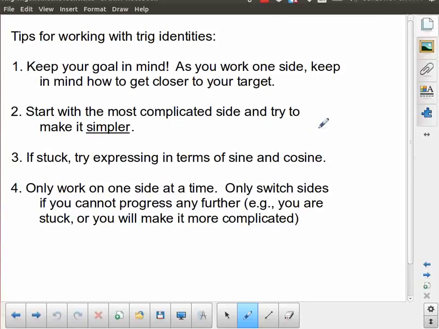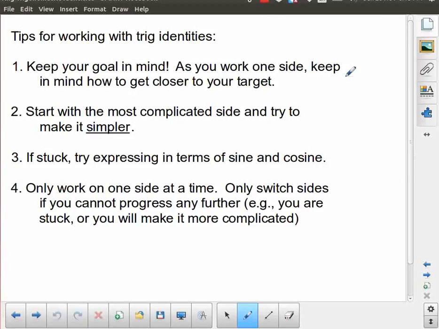If you follow these, if you work at developing these for yourself, I think you'll find that your work with trigonometric identities will get simpler, will get more efficient, and maybe even a little bit more enjoyable once you start to develop a better idea of how to progress forward. You are dealing with mathematical puzzles. There are rules that have to be followed, as is the case with most puzzles. But once you get a good grasp of those rules, things will go more smoothly.